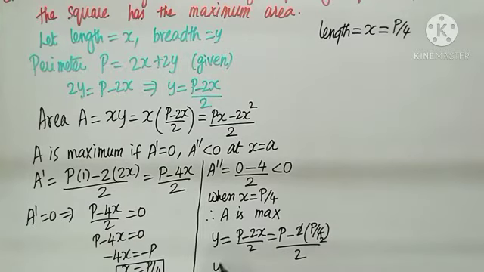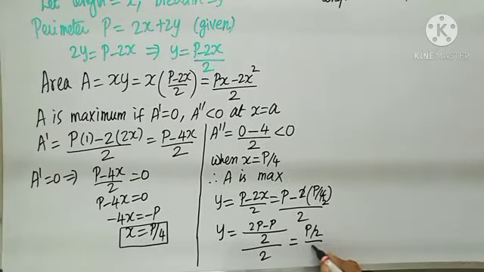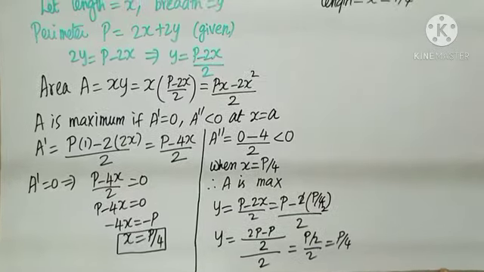Cancel, take LCM. Here 2 is the LCM, 2P minus P divided by 2. 2P minus P is P by 2 by 2, that is P by 4. So we get y value also P by 4.